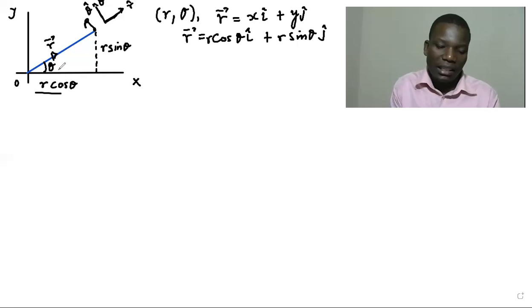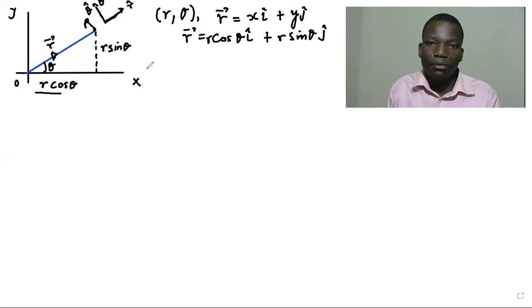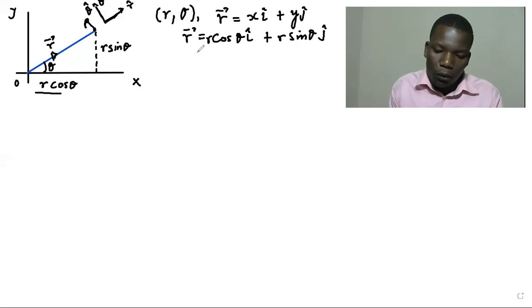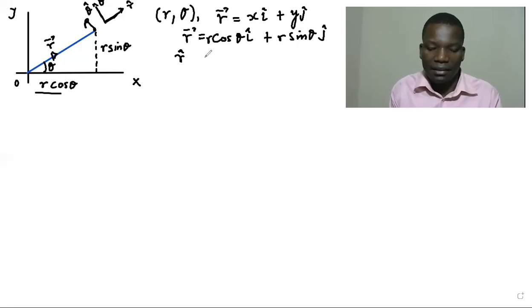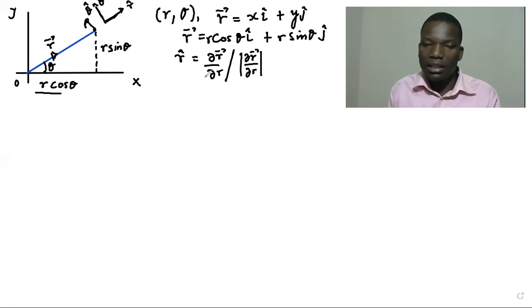It's going to be a vector tangent to this curve. So what we are saying is that the unit vector R in this case is going to be the small change like that, divided by the magnitude. This is the definition of a unit vector.